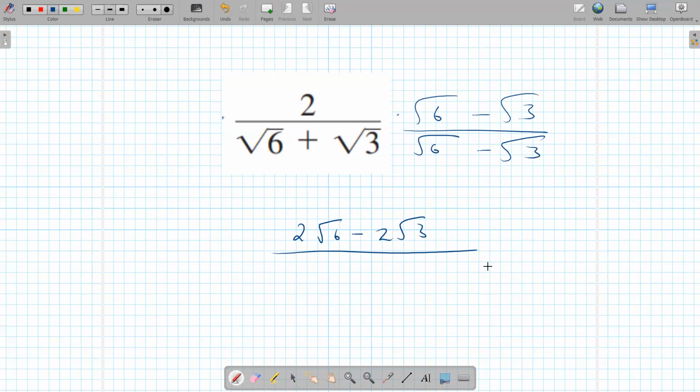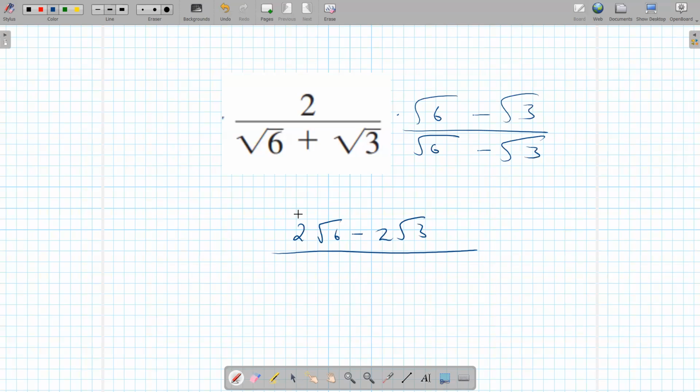What do you get on the bottom? Do you get root 6 plus root 3?